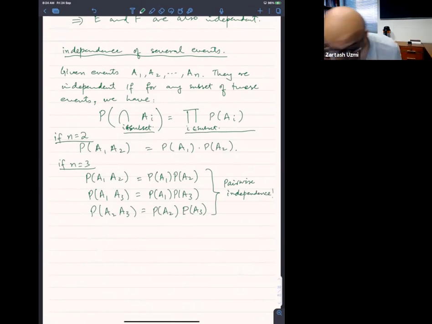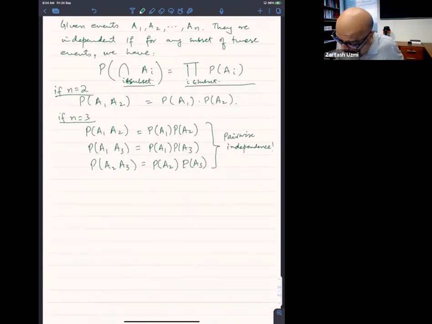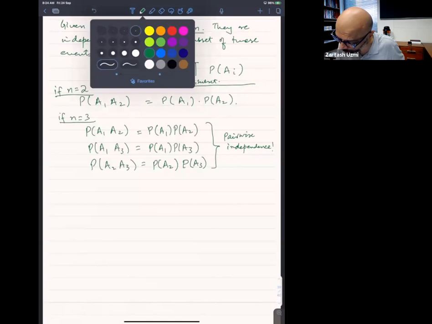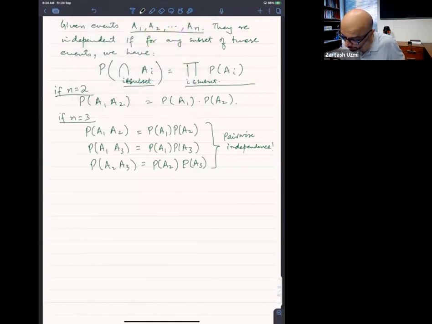But this is not sufficient. Why? Because for all events A1, A2 up to AN, for these to be independent, हमें उनके हर सबसेट, for any subset of these events, हमें ये इंडिपेंडेंस चाहिए होती है. Now, दो के सबसेट तो ये हमने निकाल लिए, तीन वाला सबसेट किधर से?